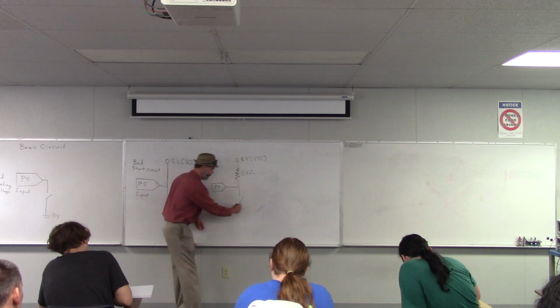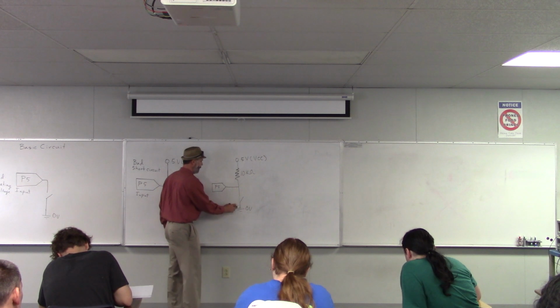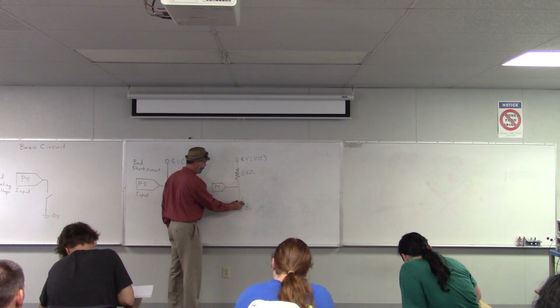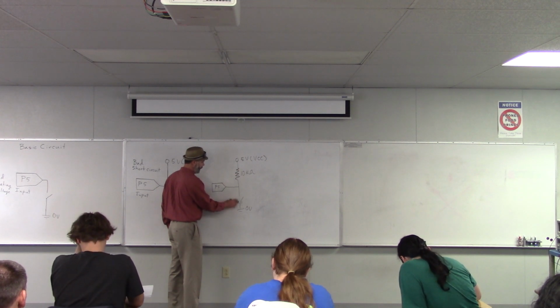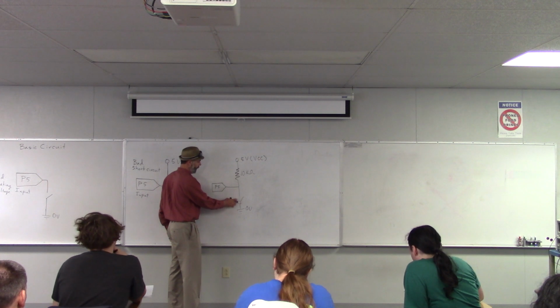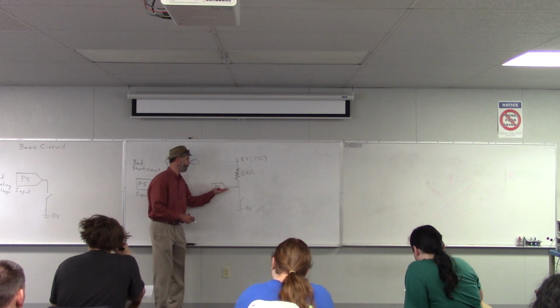Well, this ground is 0 volts, and the voltage is constant along any wire. So when we've got 0 volts down there and the switch is closed, it's acting like just a regular straight wire, and so we would have 0 volts at this pin as well.